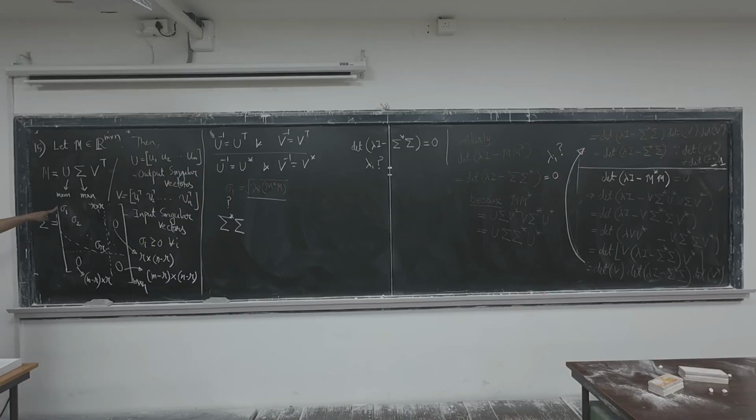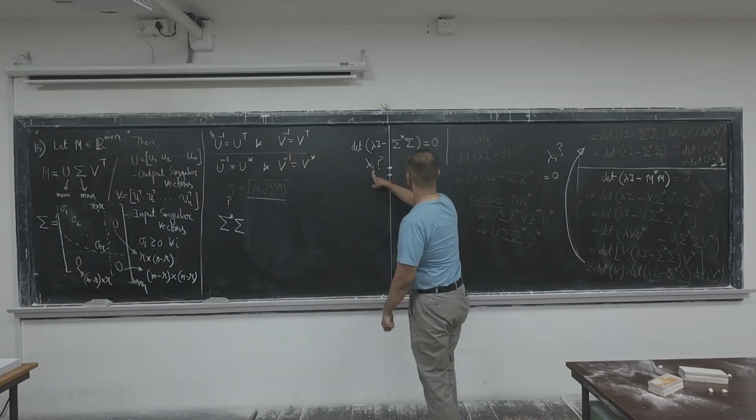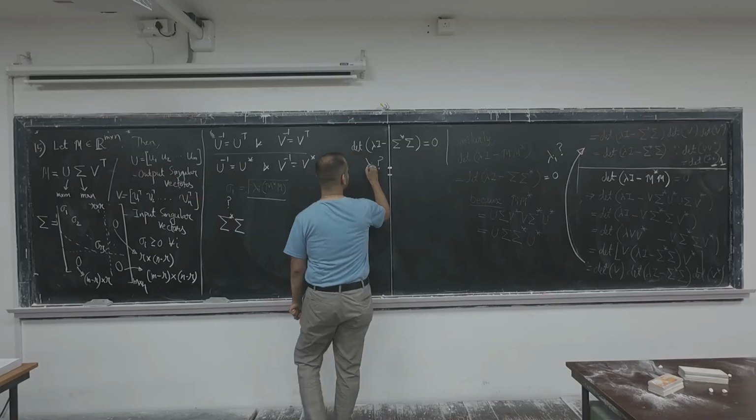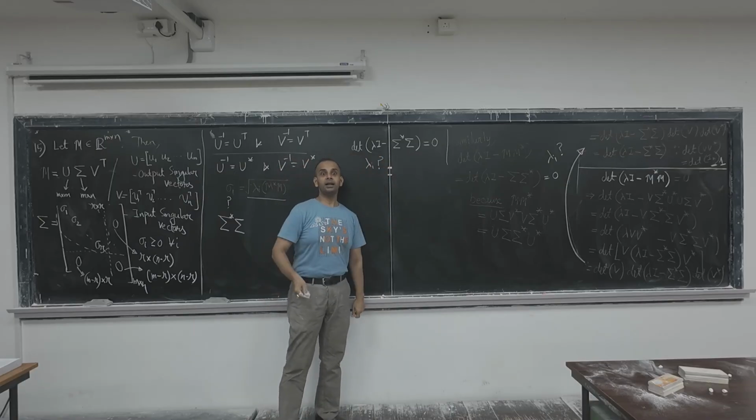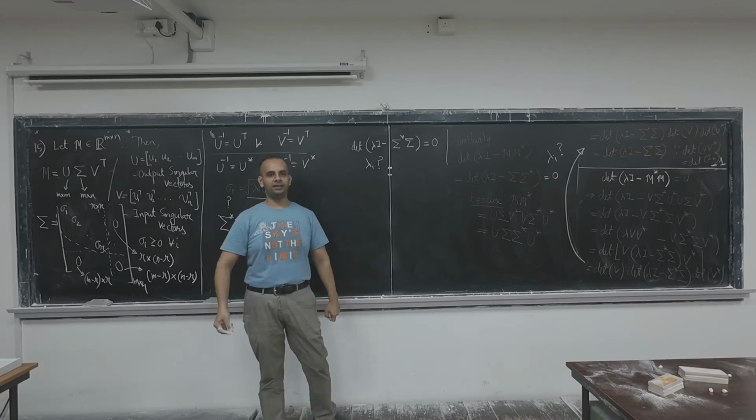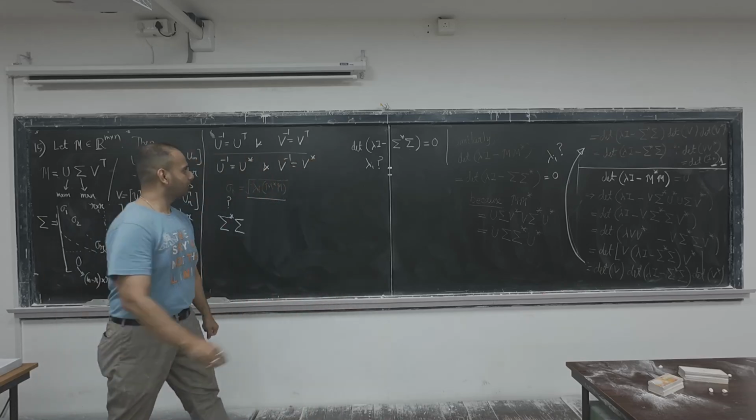They are all diagonal, right? So even though the row and column will interchange, all the sigmas will be at the same location, and then it would be sigma 1 square, sigma 2 square up to sigma r square, right? So these eigenvalues would be nothing but the eigenvalues of sigma star into sigma, but they are nothing but the squares of the singular values. That's why this.